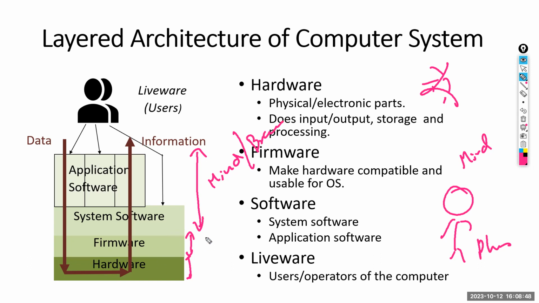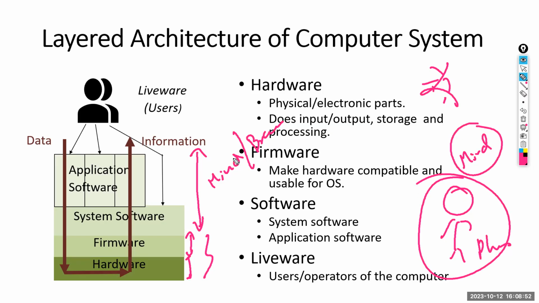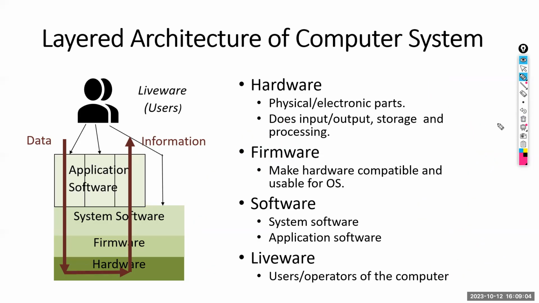Your hardware and firmware are something like your physical body. Sometimes religiously we can call it the soul, but if we take it in a scientific way, we call it our mind and our brain. And the brain also has both physical things and non-physical things. Similarly, we have the software here.